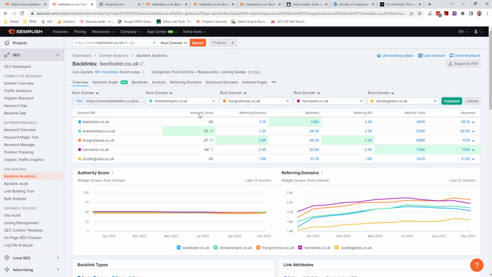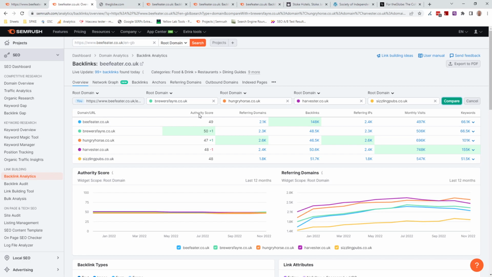Well, to start off with, authority score is SEMrush's own metric, and it's trying to judge how good a website is based on its understanding of all the other metrics that it's got. So, whether that's referring domains, how many keywords it knows that it's ranking for, and it gives it a score out of 100.